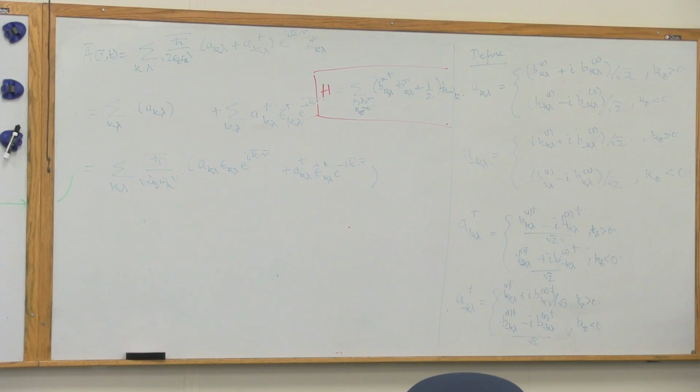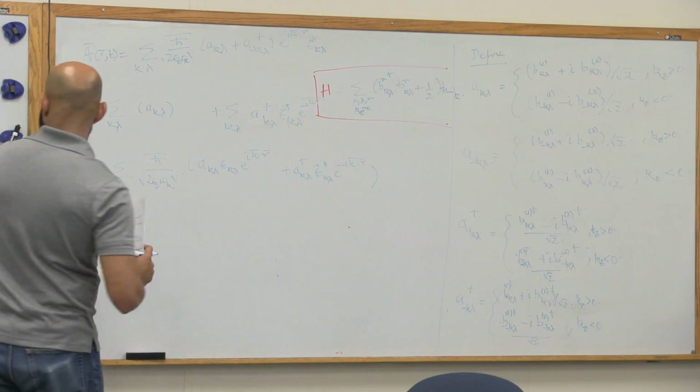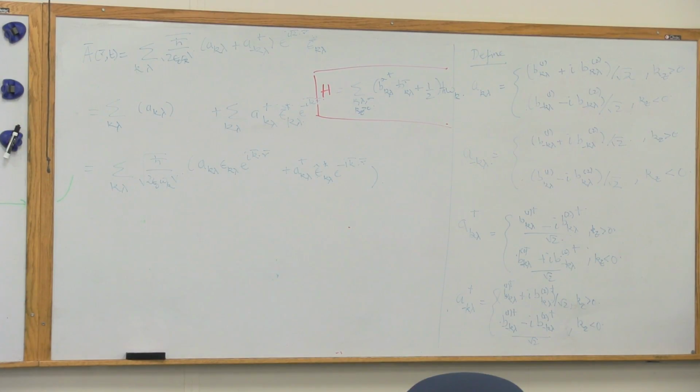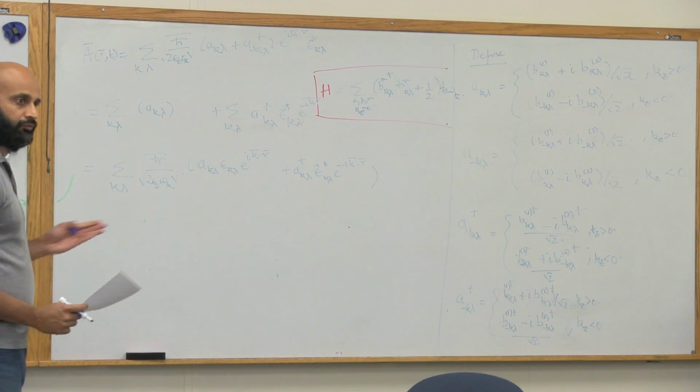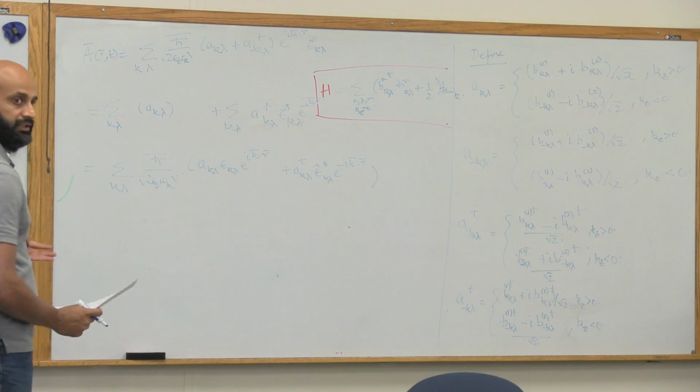This is sometimes also a starting point for many second quantization treatments, where they just write down that the original field has two parts, a running wave going this direction and a running wave going the other direction.